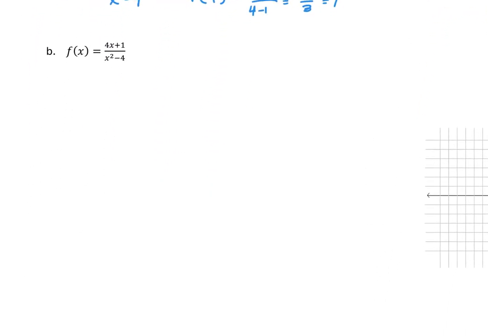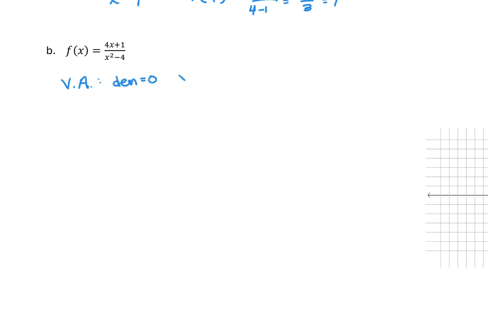All right, example B. We have (4x plus 1) over (x squared minus 4). And so we are going to, again, start with our asymptotes. All right, vertical asymptotes. We want the denominator equal to 0.